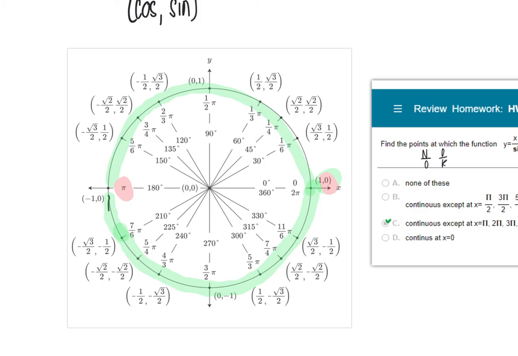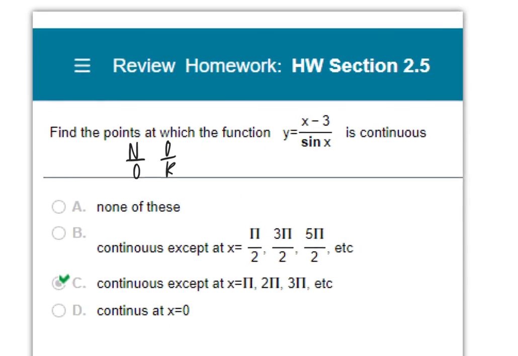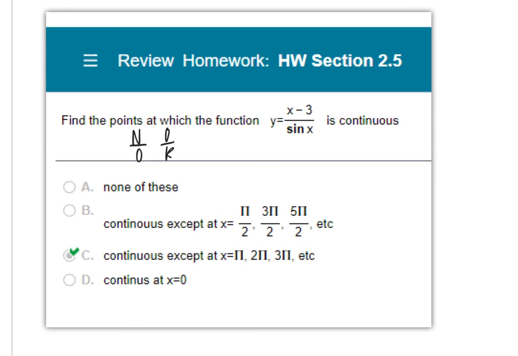So when we're selecting our answer, it's saying where is it continuous. Now I don't really like this option A at all. It doesn't make sense. None of these is saying that B, C, and D are wrong.